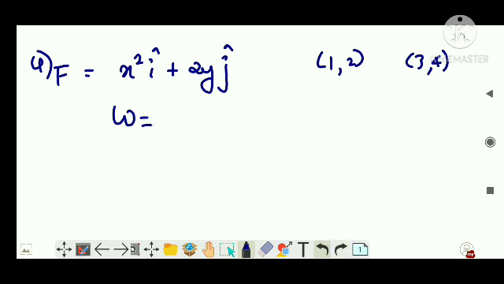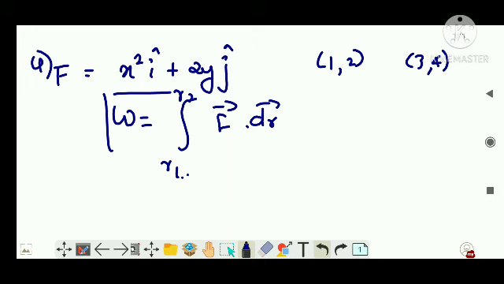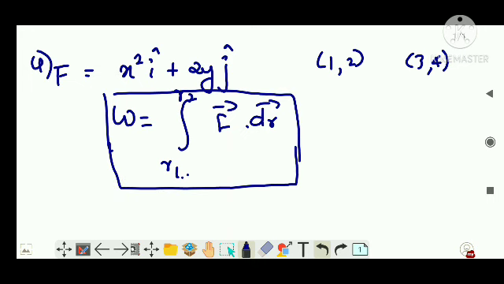Here, when your force is given in a vector form as well as in a variable form, then the equation becomes integral R1 to R2, where R1 is having both x and y, F dot dr. Keep this in mind. Variable force in vector form can be solved by this method only, right? W, total work done, is equal to integral R1 to R2 F dot dr. Keep that in mind.